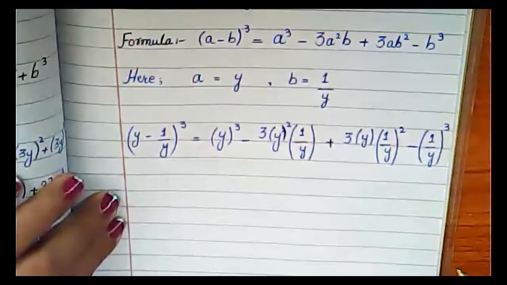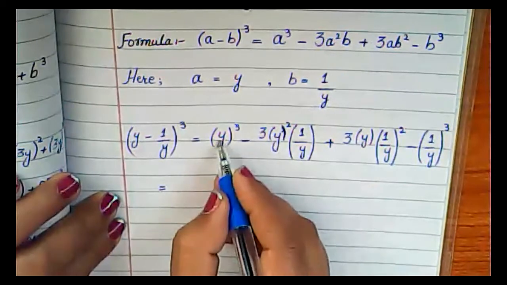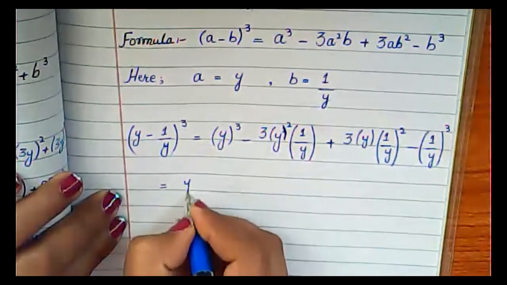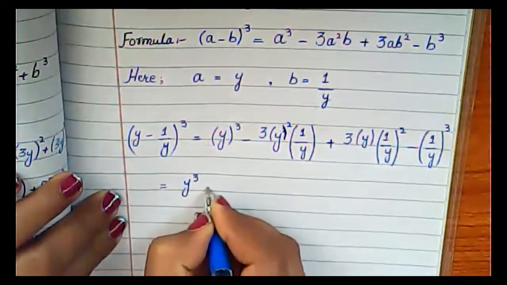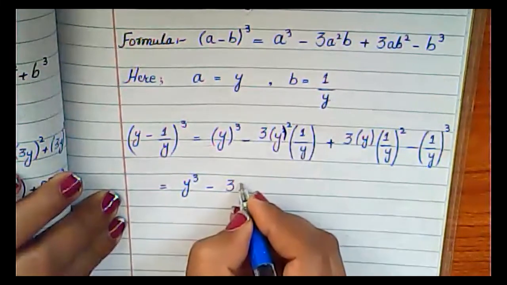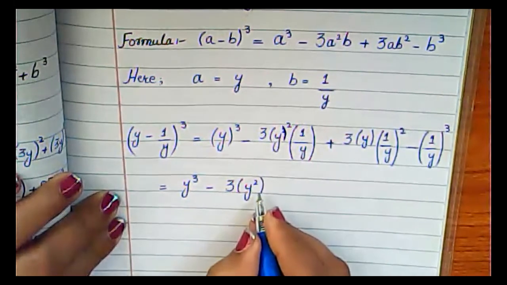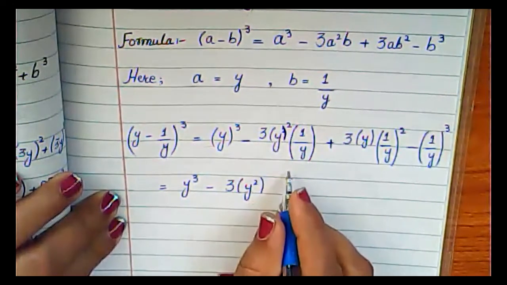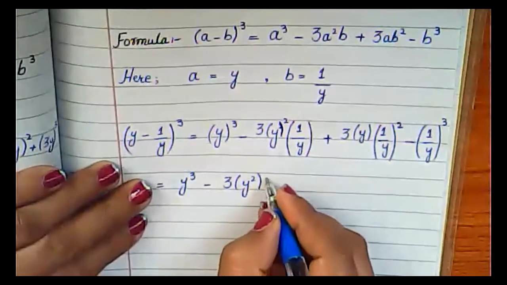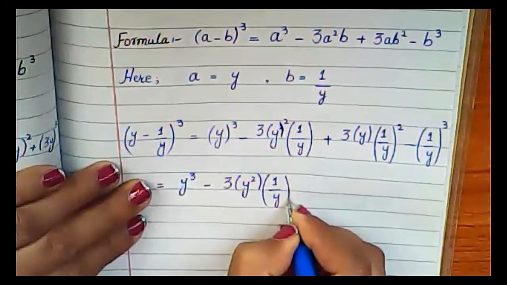Understand? Now in the next step you are going to take the cubes of the different values. Now cube of y will be y cube minus 3. Now square of y will be y square, but I am writing it inside the bracket because we have to solve it, and the next term will be copied as it is, which is 1 upon y.